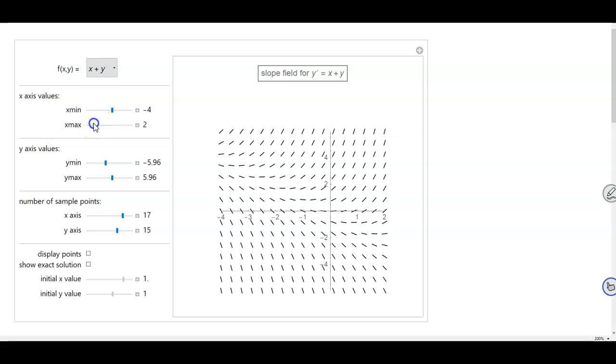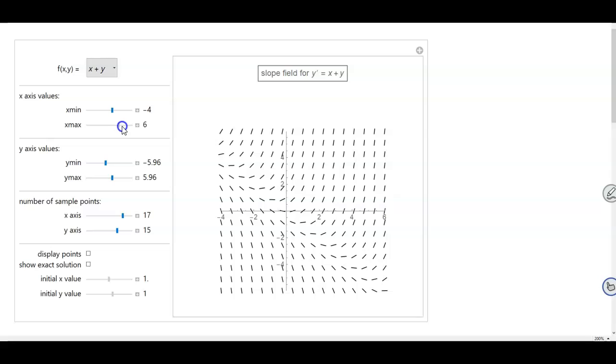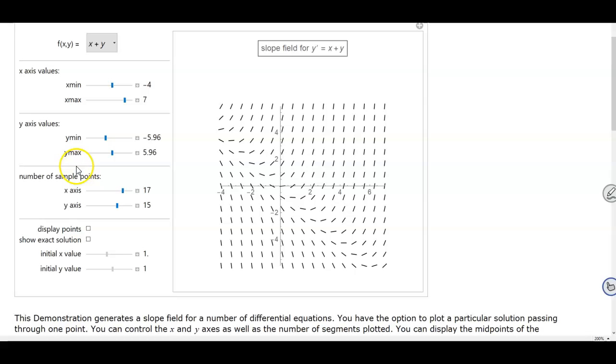Likewise, if I look at the x maximum, I'm going from 1 to 2 and 3 and 4, and again you can see that the line segments are changing according to their slope. For the y values, you can see that the y values are shifting either up or down, but again you can see what's happening with those line segments around that space. Same thing with the y max.